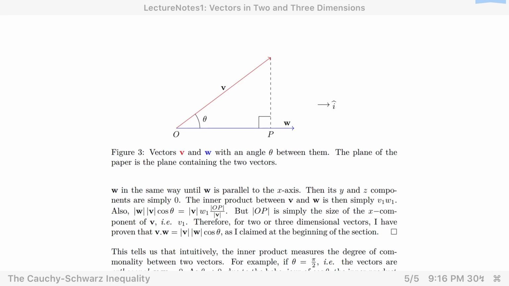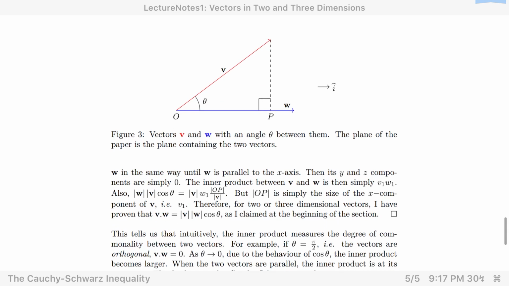But what is OP? OP is simply the x component of the vector v, because we've dropped it perpendicular in the x direction. OP is basically v cosine theta, and v cosine theta leaves only the x component.